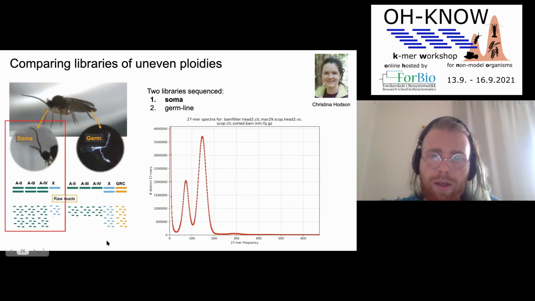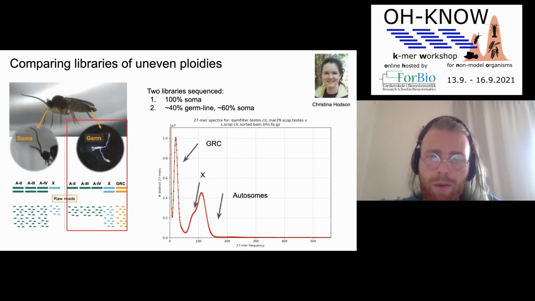If we look at the k-mer spectra of the soma only, we see evenly spaced peaks, one representing the X chromosome, one representing the autosome. So far, so good. If you look at the germline, however, we don't see them spaced 1:2.